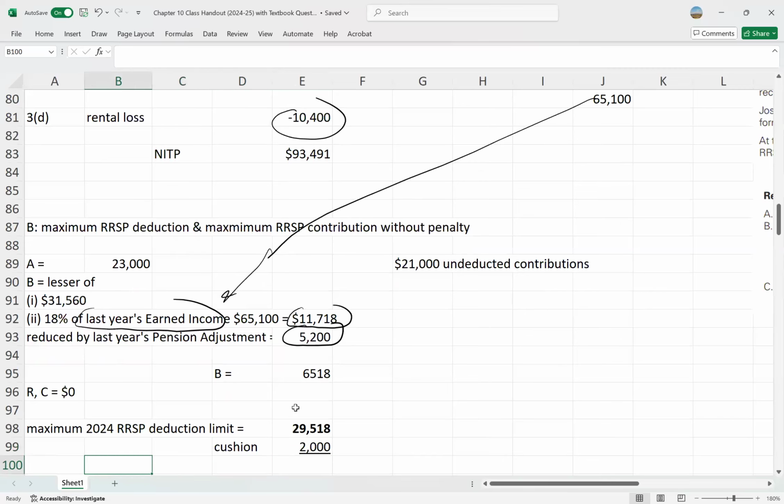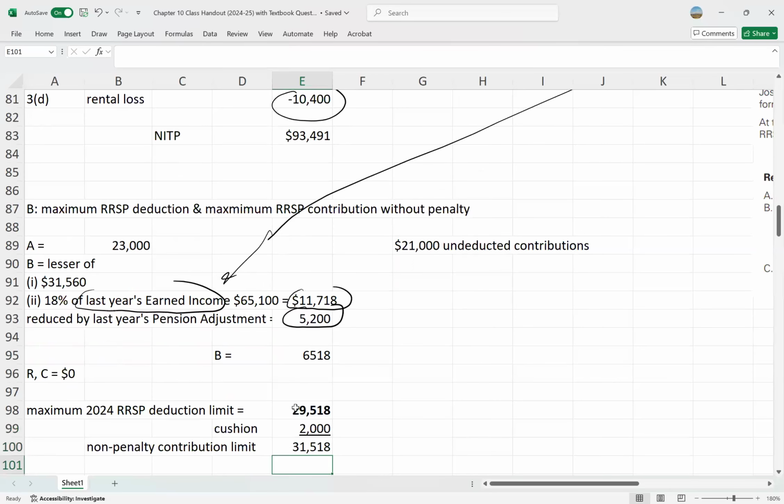And so this would be what they refer to as the non-penalty contribution limit. So the maximum he could have in contributions would be 31,518. So he already has 21,000 in undeducted contributions.